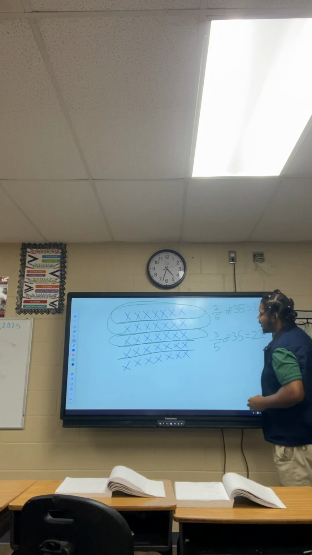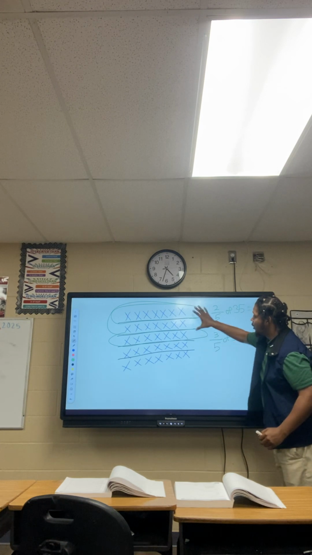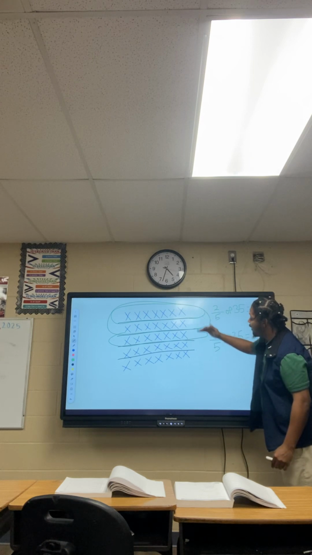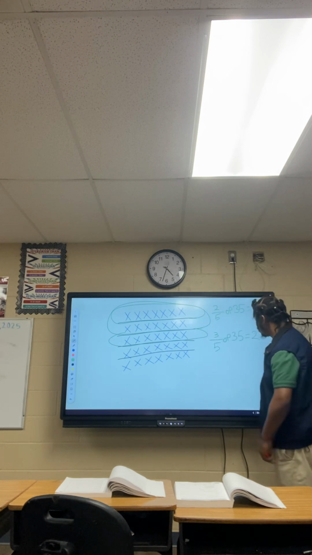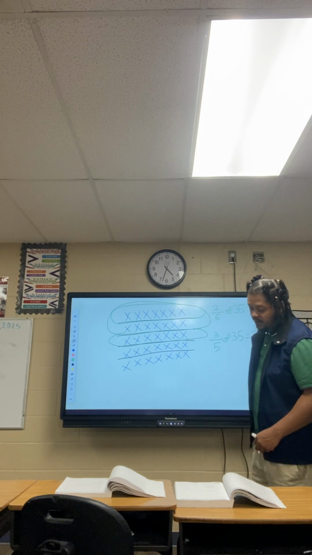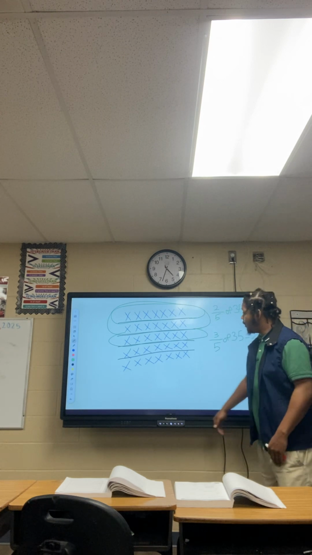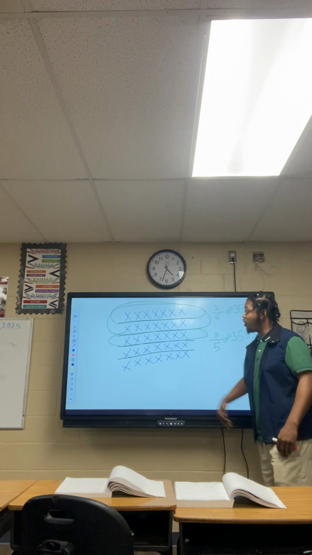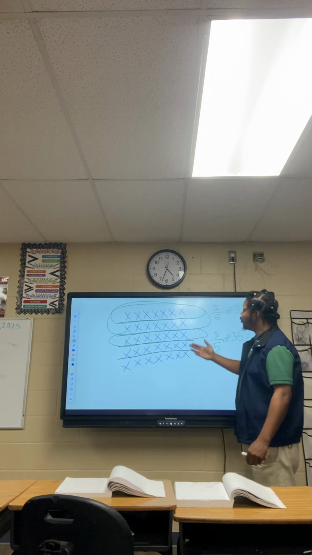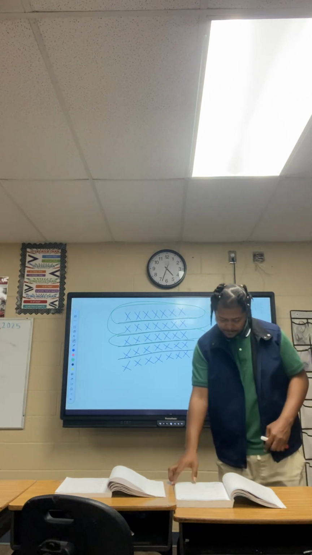Then for 4/5, you count all the x's up to the 4th row, and if they want 5/5, you count all of them, which is 35. It sounds very simple, but if you don't have the picture drawn, you want to draw a tape diagram to help you maneuver through these questions.